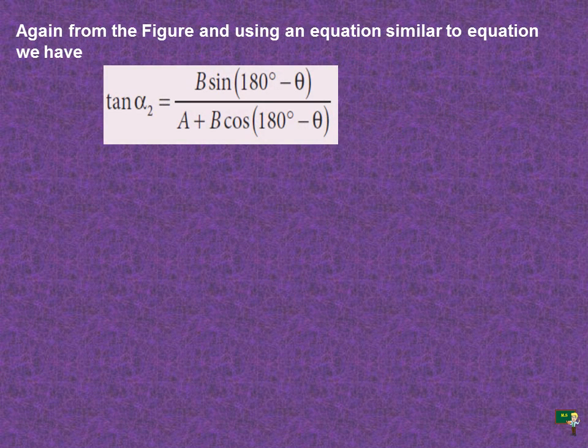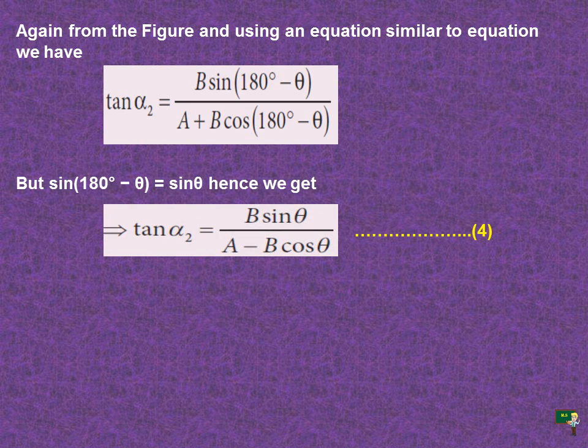Continuing that, again from the figure and using the similar equations, we have tan alpha is equal to B sin of 180 degree minus theta over A plus B cos of 180 degree minus theta.